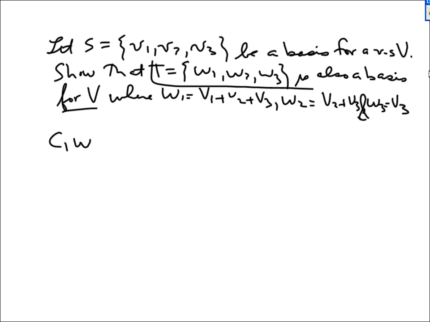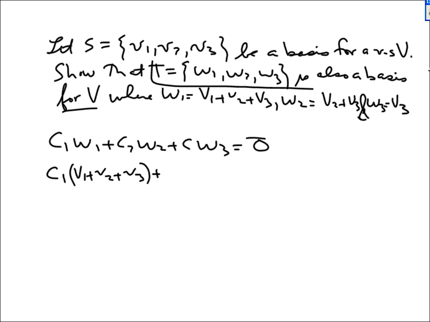So, let's look at a linear combination of vectors in T which yield the zero vector. Now, W1 is just V1 plus V2 plus V3, plus C2 times W2, which is V2 plus V3, sorry, the typo, plus C3 times V3.